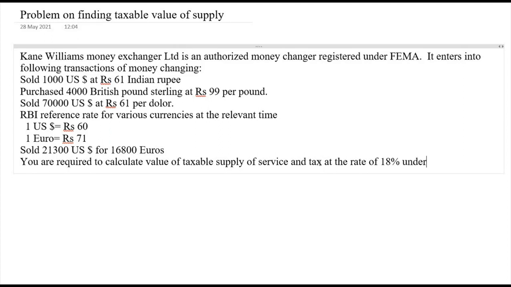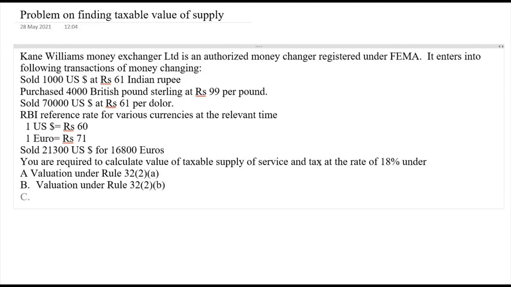Under A, valuation under Rule 32, Sub-Rule 2, Clause A, then B, valuation under Rule 32, Sub-Rule 2, Clause B.